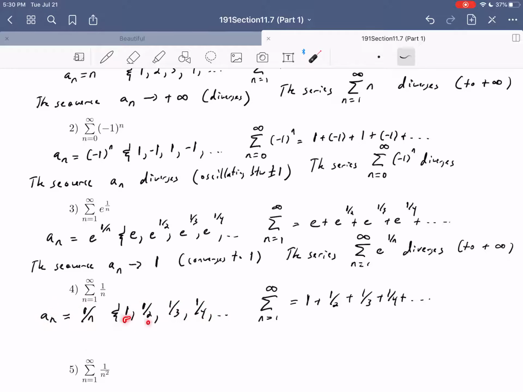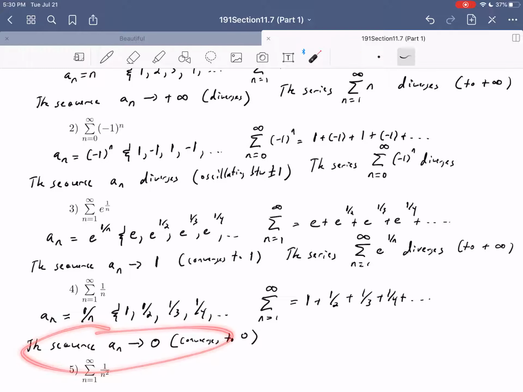Well, if the denominator is getting larger and larger and the numerator is always 1, we know the sequence, a sub n, is headed to 0. It converges to 0.